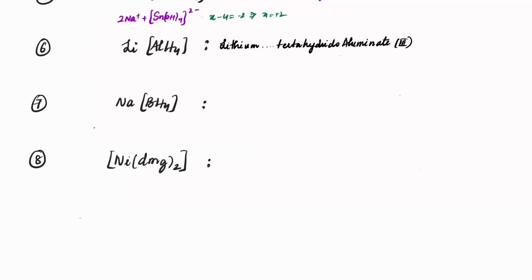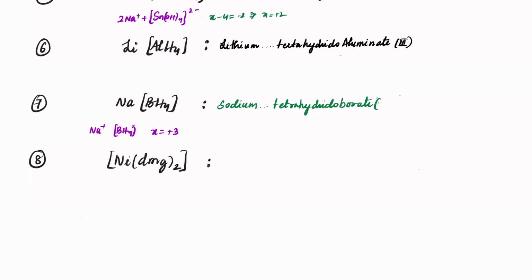Oxidation state wise, this is Na+ BH4- anionic complex. Oxidation state of boron is plus 3. So first we'll write sodium, then space tetrahydrido borate, not boron, sorry.